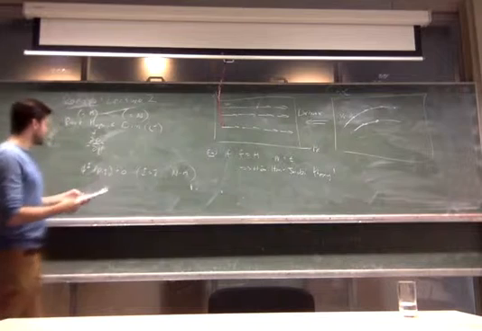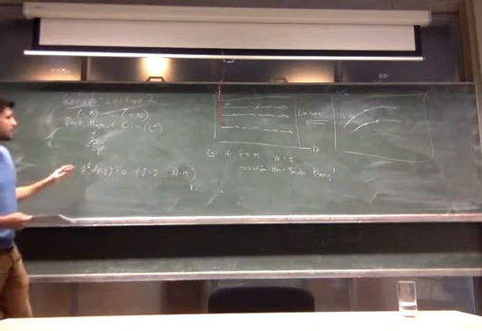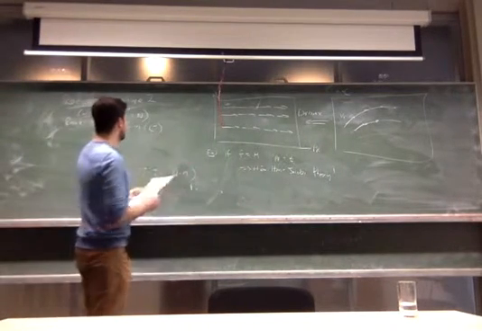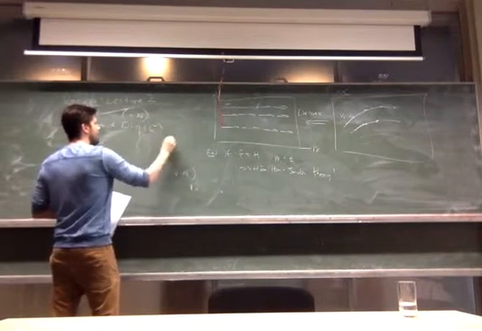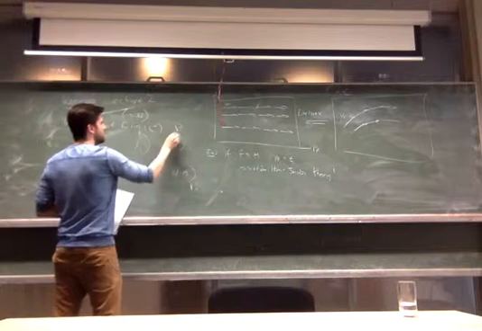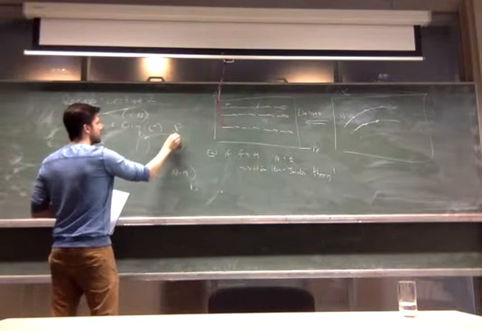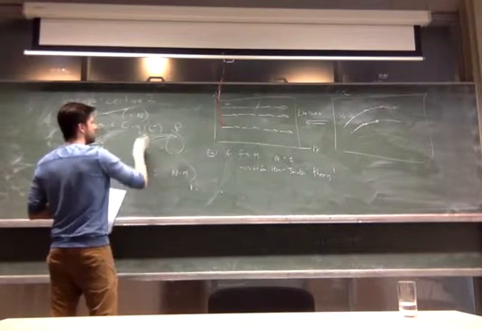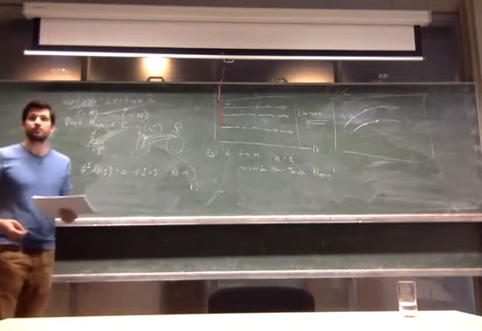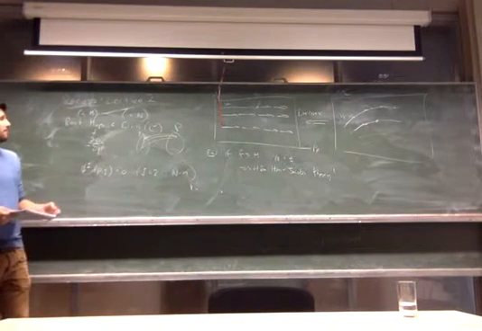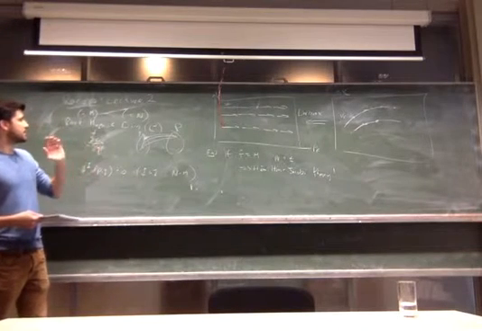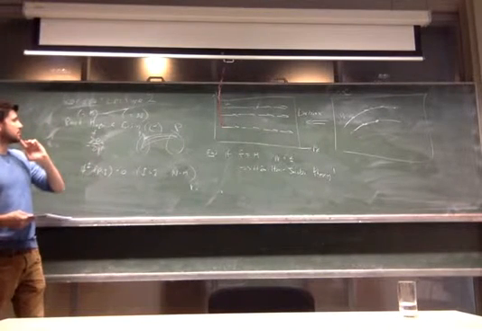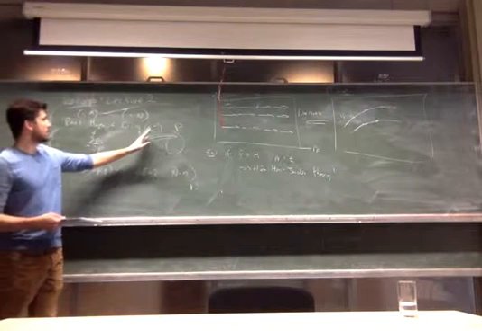So the problem here was that if we're talking about flows on phase space, we don't know how to map the p's to the q's because the p's map to several different q's.